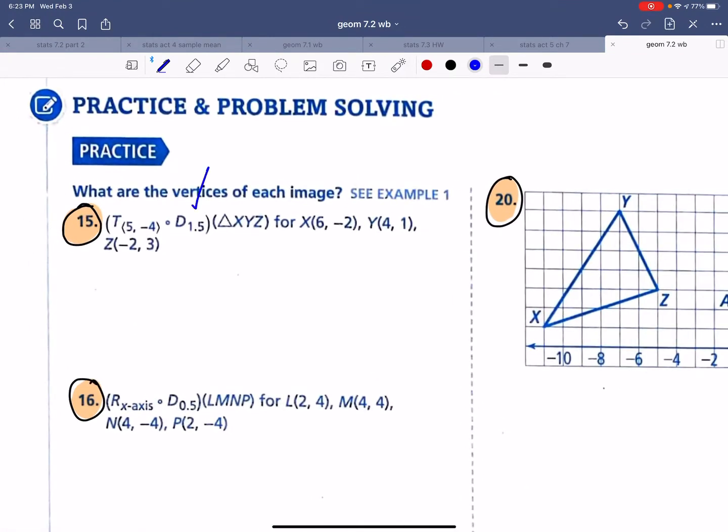Now number 15. Remember, we have to do this one first, dilate. That means we multiply every number by 1.5.